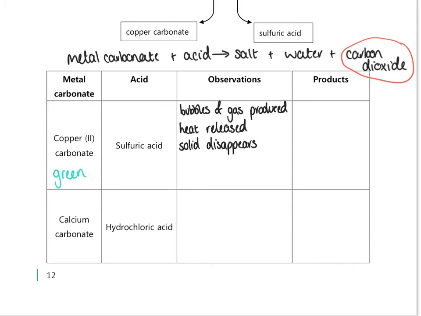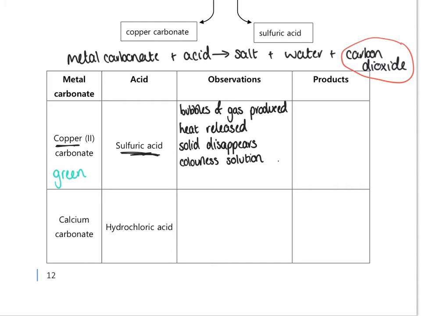And then finally, just as with the previous type, with copper oxide and sulfuric acid, we see a colour change here. So again, think about what you're going from and going to. So we start with sulfuric acid, and that's a colourless solution. We're then going to be going to a solution, and perhaps at this stage we could put in our products.